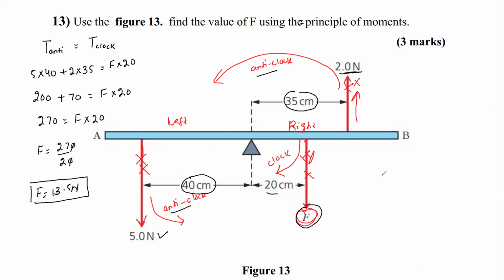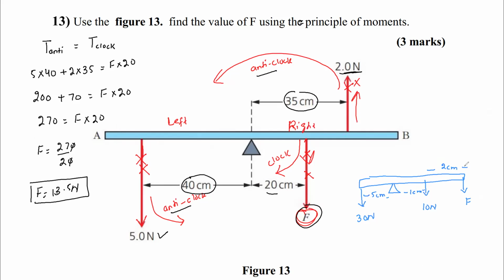Here the force is, for example, 30 Newton, and here the force is, for example, 10 Newton, and this is my unknown force, which I write as F, and he is asking you to find the value of F. I just take the simplest values: this distance here is 5 centimeter, the distance of the 10 Newton force is 1 centimeter, and the unknown force is, for example, 2 centimeter away.